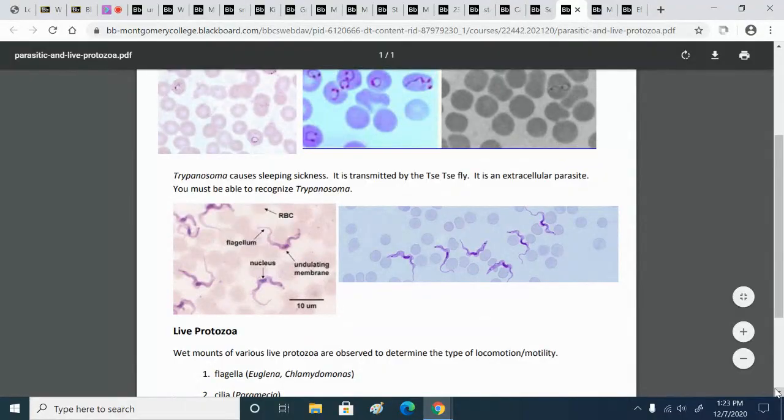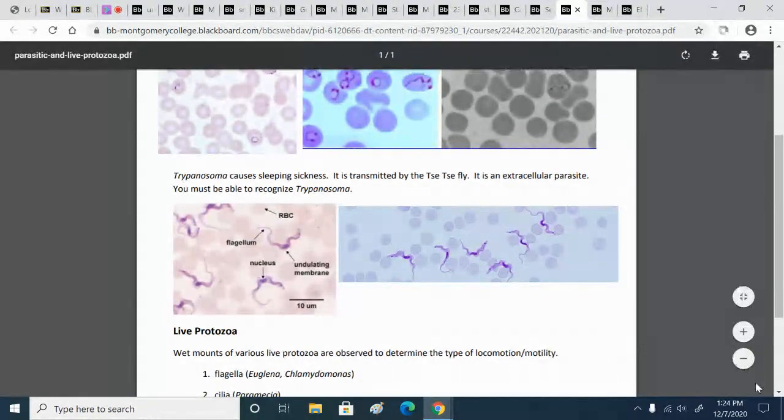It's transmitted by a fly that goes by different pronunciations, tsetse, setse, cheche. And this parasite is much larger than Plasmodium. So it's an extracellular parasite. Trypanosoma is found in the bloodstream, but not inside of any cells. You see, it's pretty large. They have a flagellum. You can see the nucleus inside. So those are the two parasites.